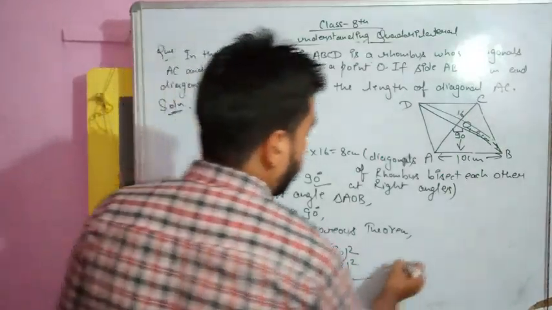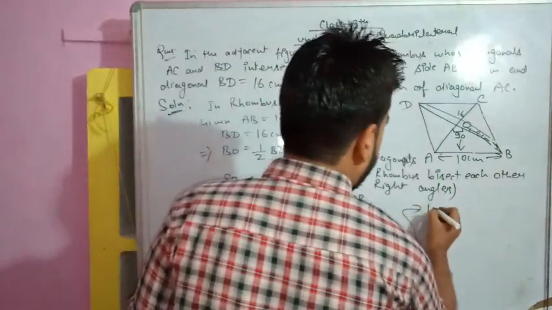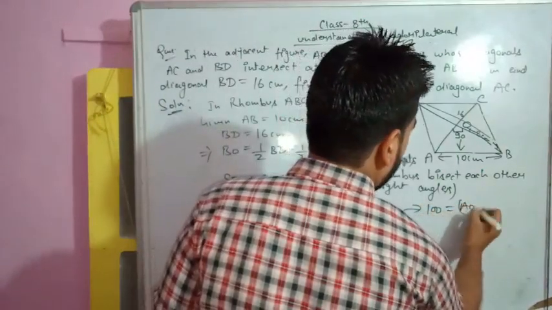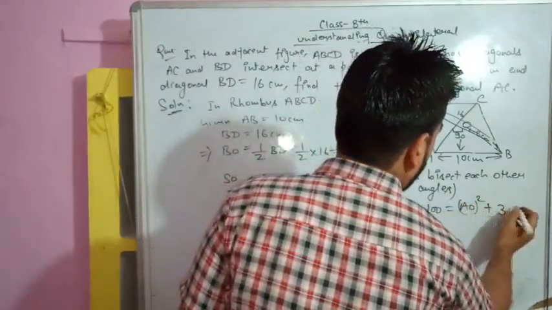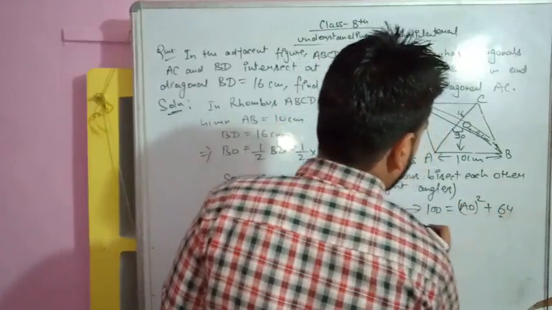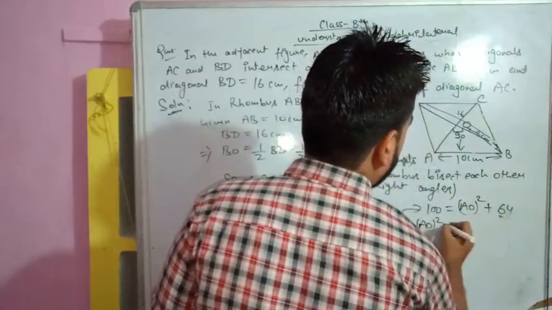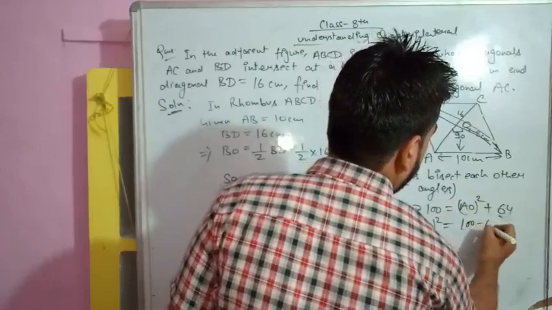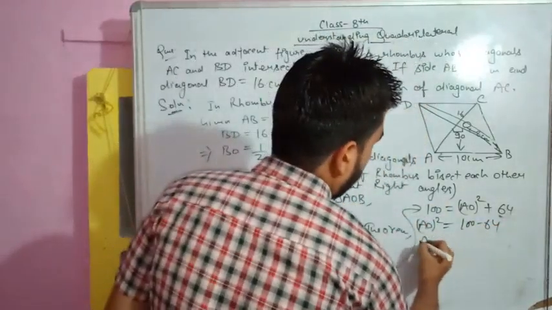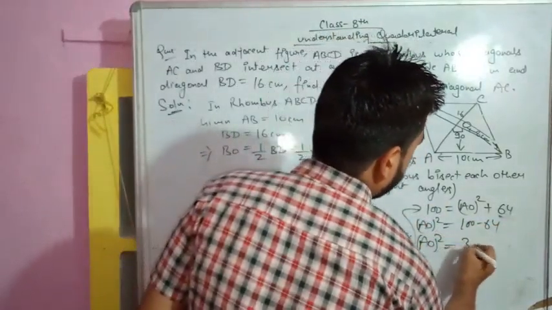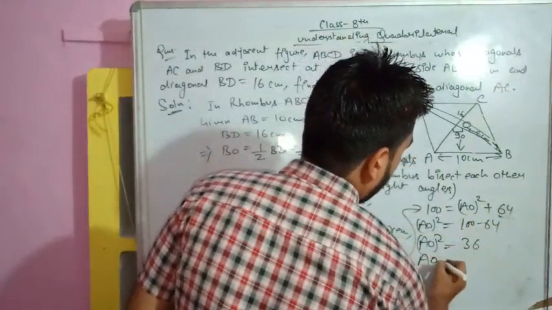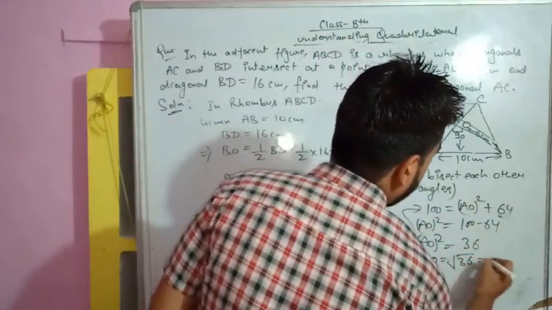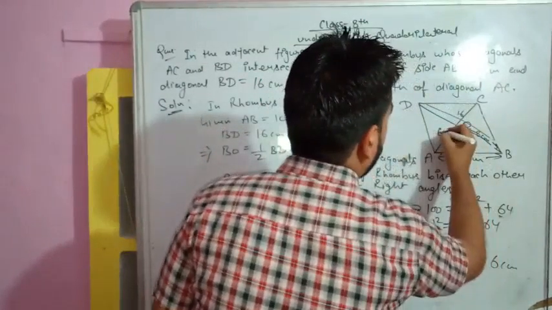So students, let me solve this here. 10 square, 100, is equal to AO square plus BO, 8 square, 64. So AO square is equal to 100, plus 64 shifted to the other side becomes minus 64. AO square is 100 minus 64, 36. Then AO will be the square root of 36. So this will be 6 centimeter.